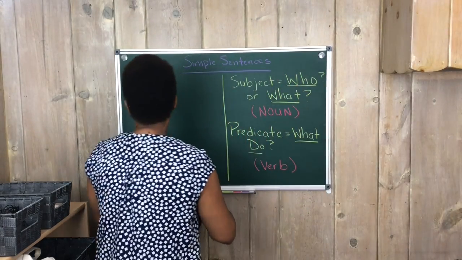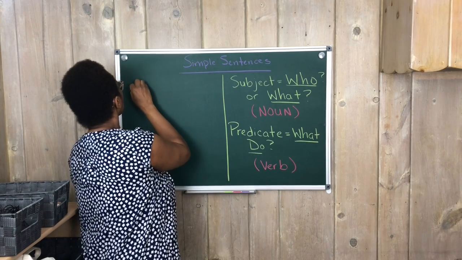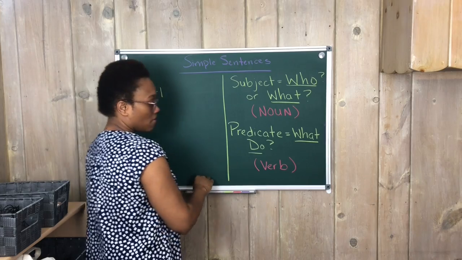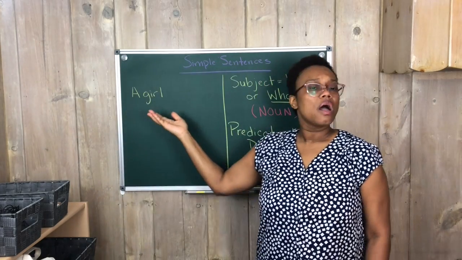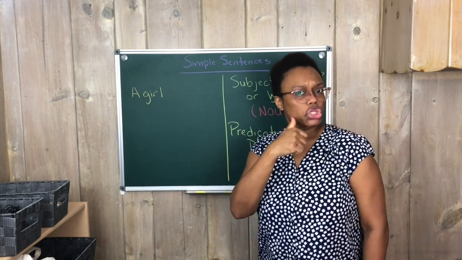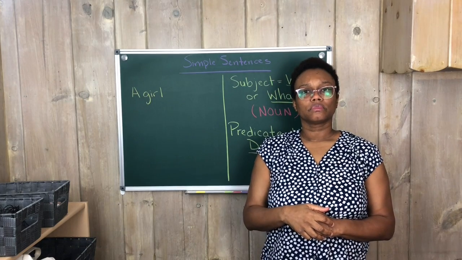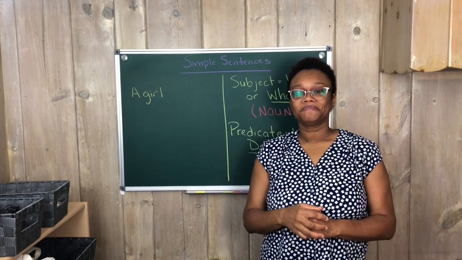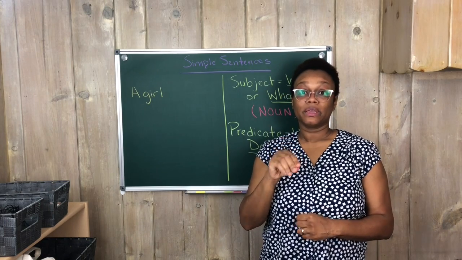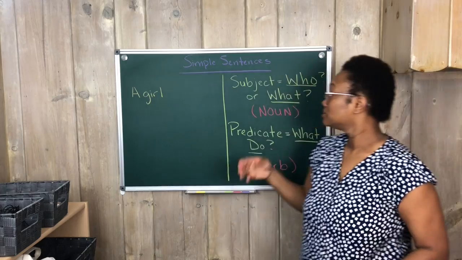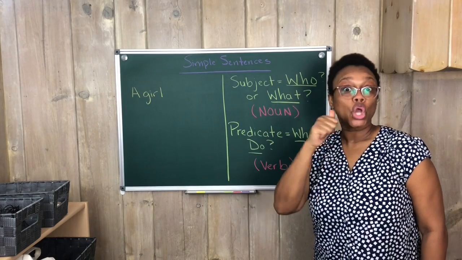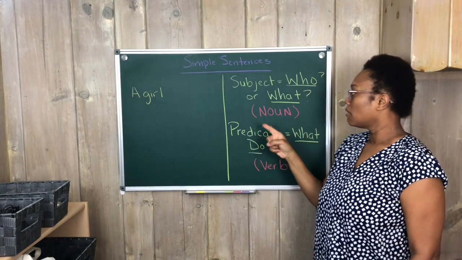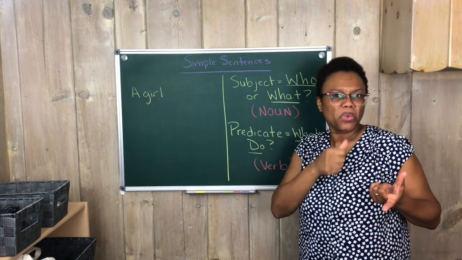So here's an example. If I wrote this, a girl, is that a sentence? No, it's not. It has the subject, the who, a girl, but it's missing the second part, a predicate.